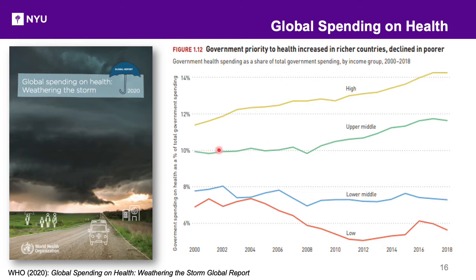For upper middle income, in fact, spending continued to increase. And I must remind everybody that between these years, there was the recession in which we had that economic downturn.